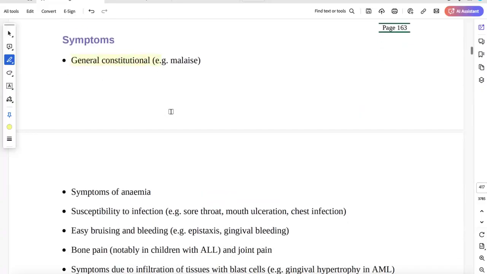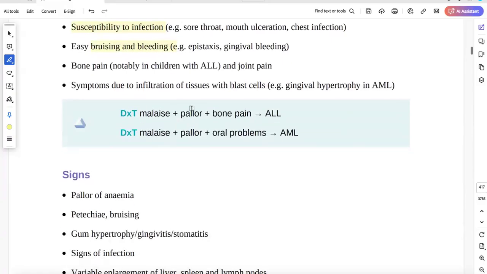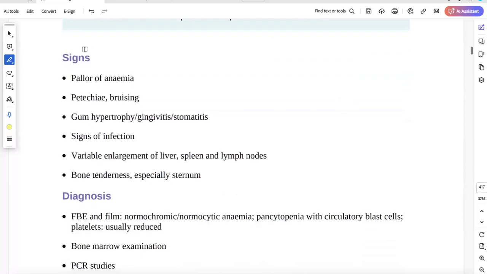So we're talking about general constitutional symptoms of anemia, infection, easy bleeding, bruising, and leukemia patients can come to you with bony pain or joint pain. Sometimes AML patients can have gum or gingival hypertrophy. Sometimes leukemia patients can have sternal tenderness. So those are also quite common.